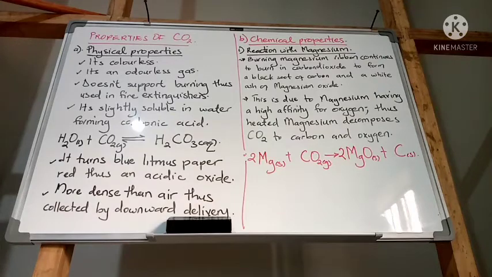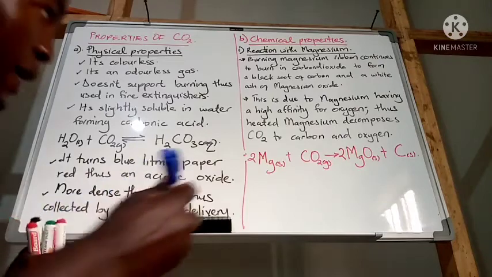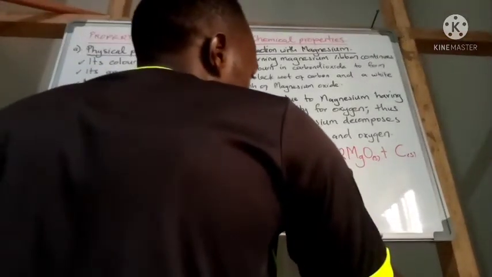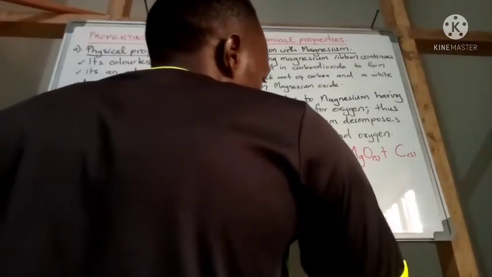And I conclude my equation concerning burning of magnesium in carbon dioxide with that. However, I would like to continue looking at this equation and emphasize the following: that in this equation, carbon dioxide is behaving as an oxidizing agent.